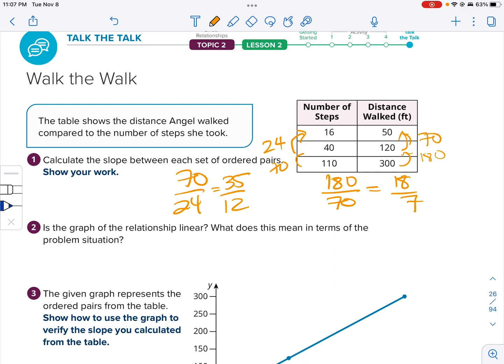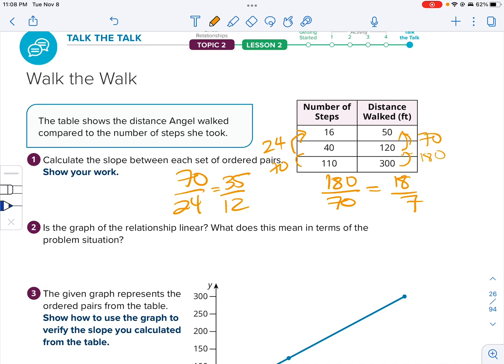I think I did something wrong. Seriously? That was 24. 120 minus 50. It is 70. 70 divided by 24.